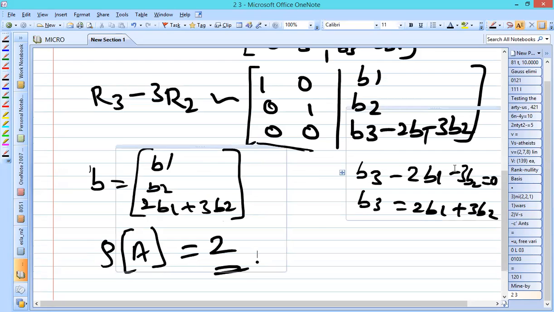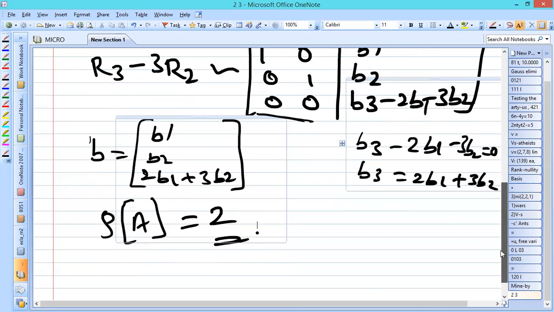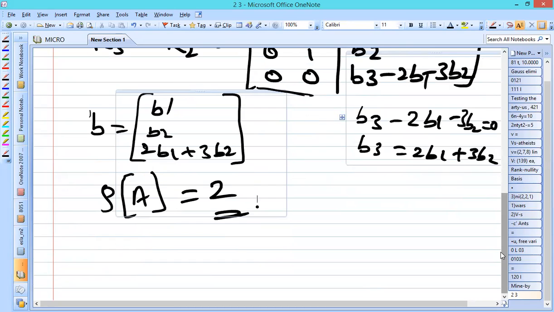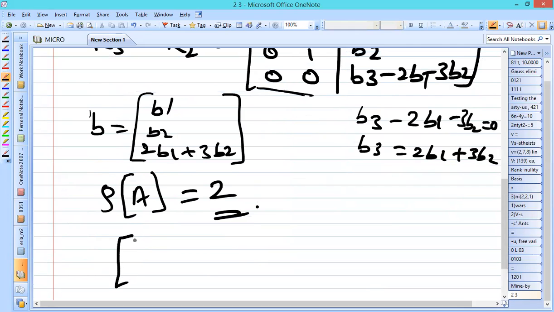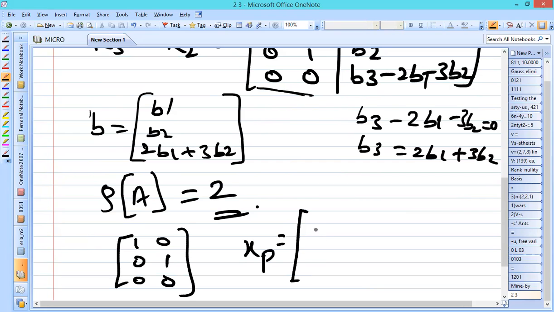Now after this, we are also asked to calculate the particular solution. In order to obtain that, consider the reduced form. Here we have 1 0, 0 1, 0 0, and on the right hand side we have b1, b2, b3 minus 2b1 minus 3b2.